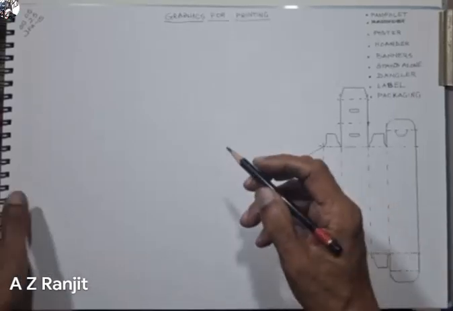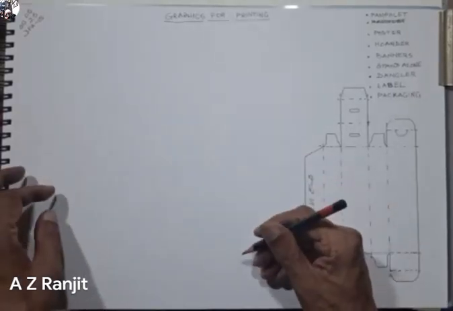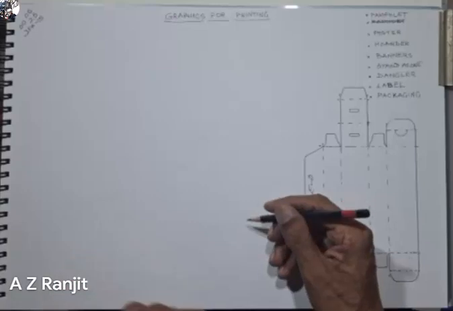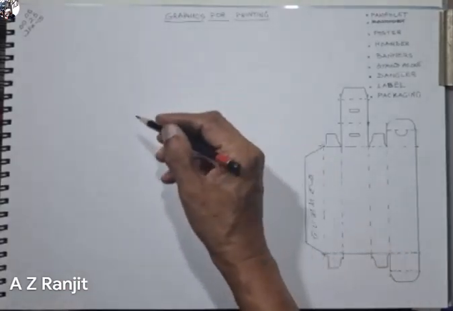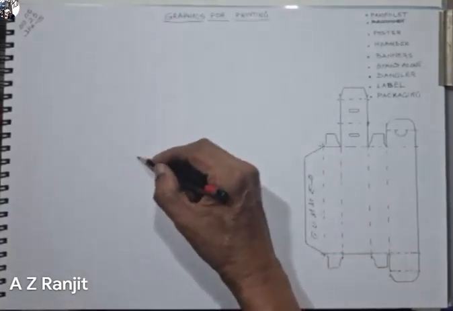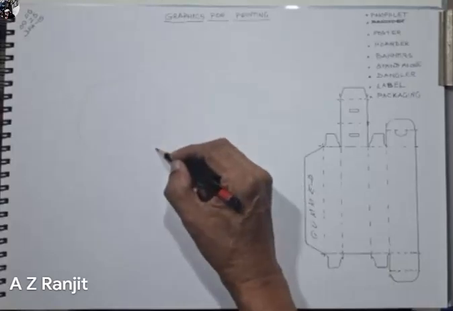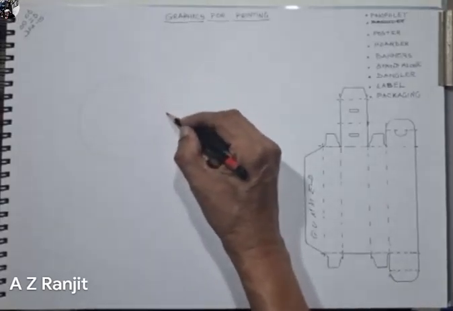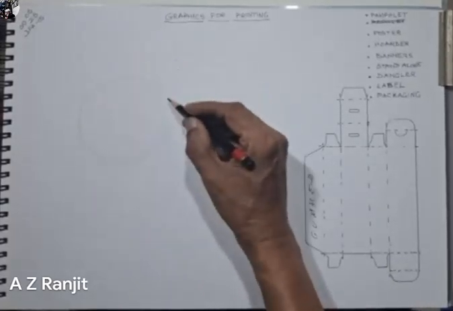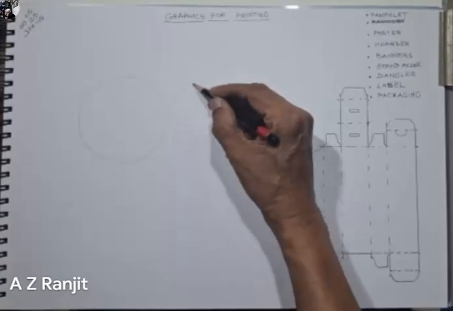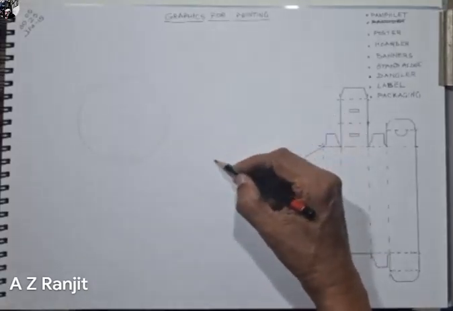A dangler design will be something like, say, something has to hang. Generally, there will be two pieces.